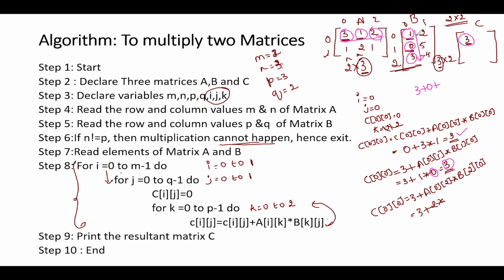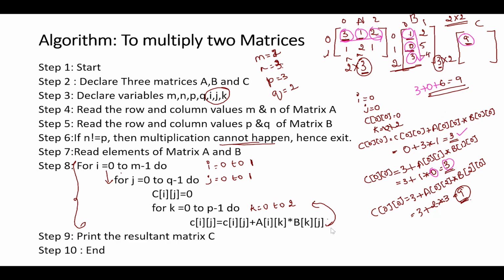So second row, first column is nothing but 3, which means we are going to get 9 here. Okay, so that's what we did. 3 2s are 6 here, 6 plus 3 is 9. That is what we got here. And here we are going to change the value to 9. Okay, so this is how we got the very first element.